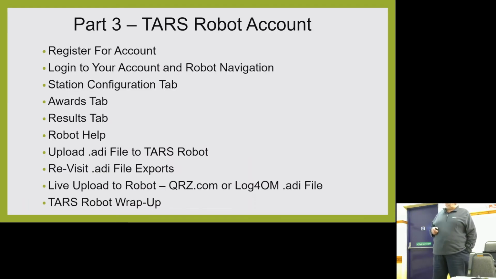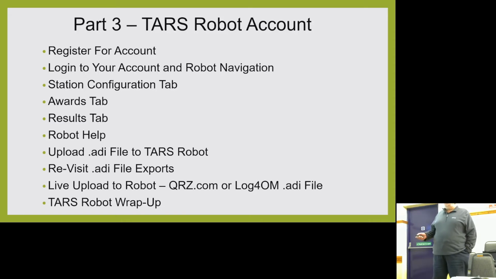Right, so for the TARS robot, we're going to look at how you register for an account, logging into your account and navigation. We're going to look at the configuration tab, the awards tab, the results tab. We're going to look at where you can get help with the robot.